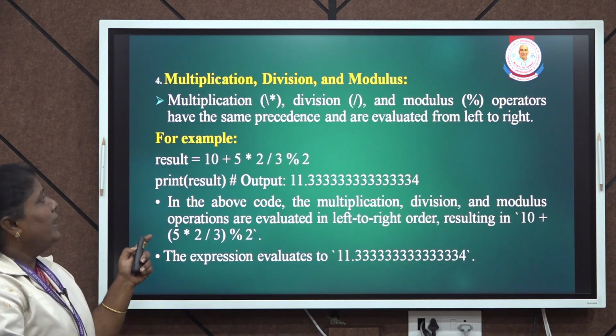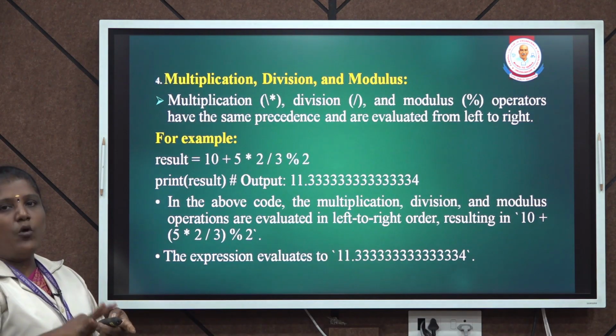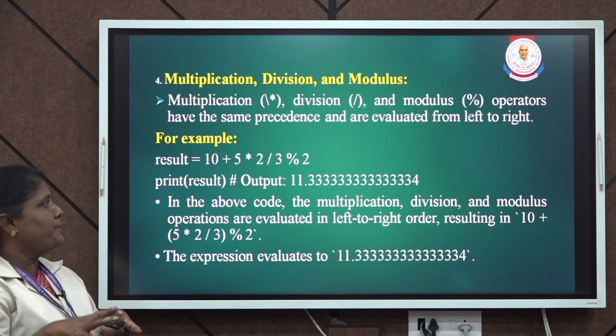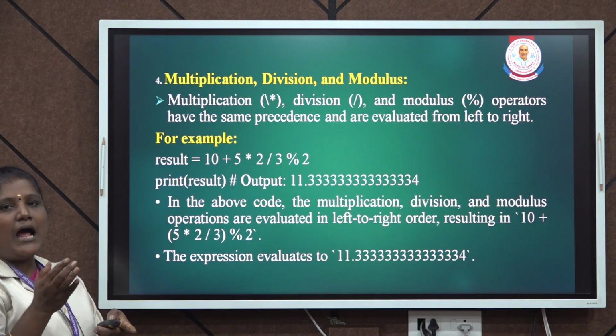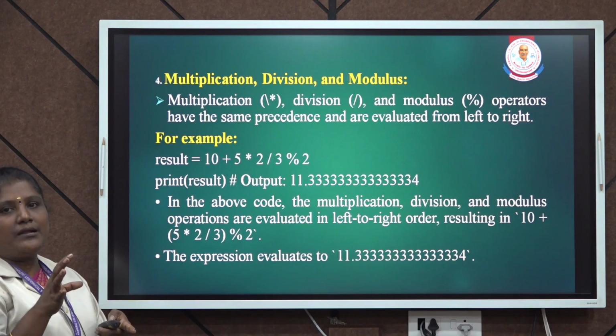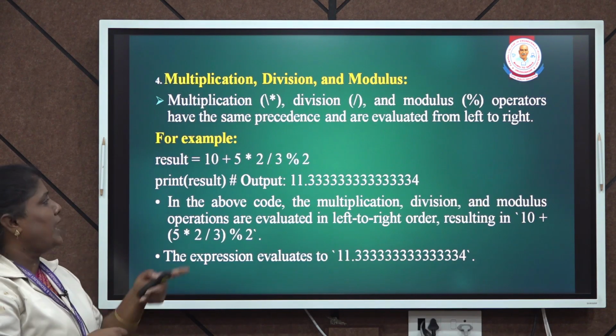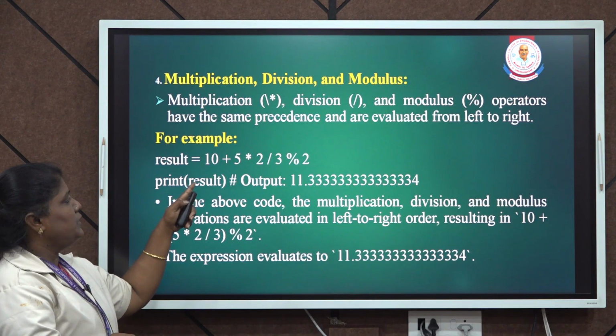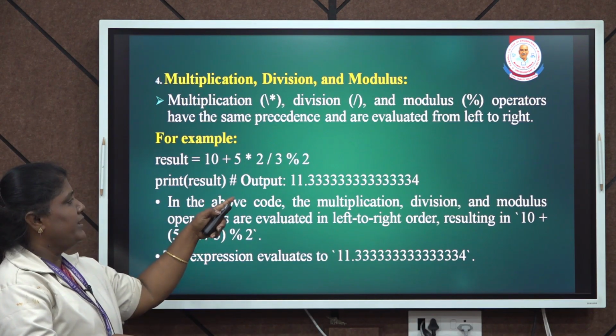Next are multiplication, division and modulus. These three operators have the same precedence, so associativity is used, and they are evaluated from left to right. For example, result equal to 10 plus 5 into 2 divided by 3 modulo 2.